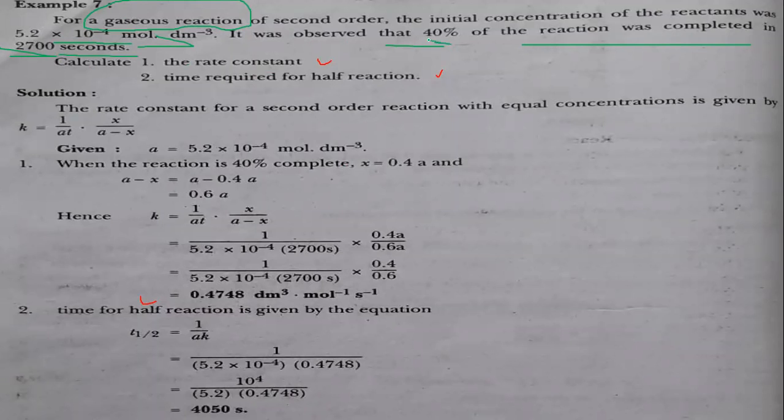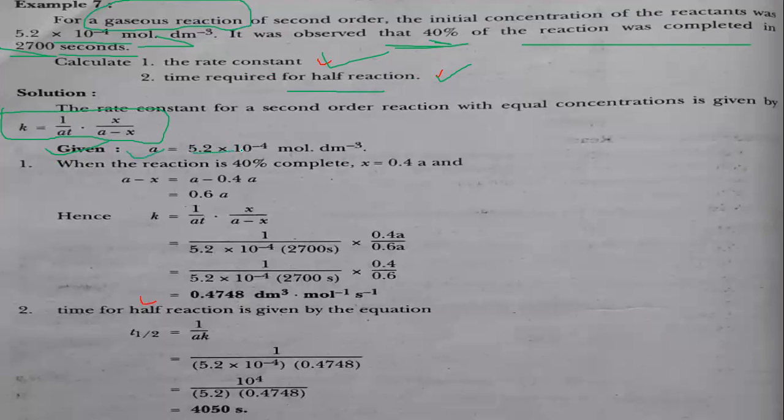Now remember here, the value of x should be 0.4. Now what we have to find out is the value of k and the time required, that is T1 half. Now see, we have the general equation for a second order reaction, k equal to 1 upon A into x upon A minus x. What is given? Initial concentration A is given to us.